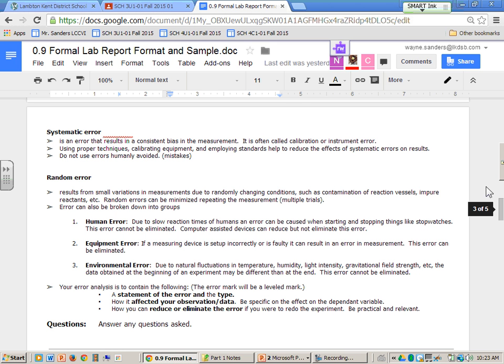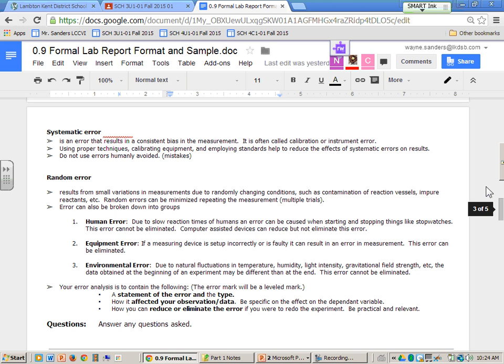It is often called a calibration error or an instrument error because it tends to be due to a malfunction in a piece of equipment like a Bunsen burner or a scale. Using proper techniques, calibrating the equipment, and employing standards, in other words, cleaning equipment up, making everything perfect, and using standard masses, I'll talk about that in a moment, help reduce this effect.